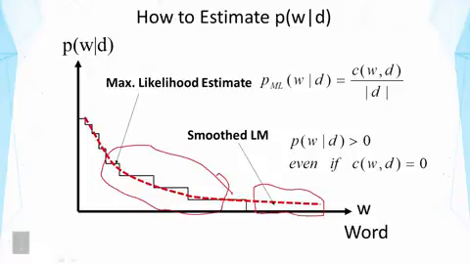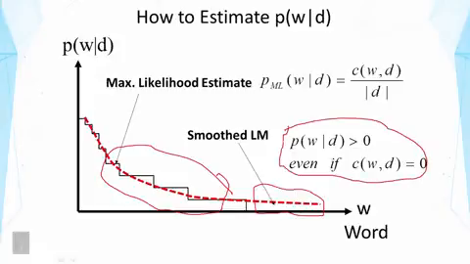Otherwise, they won't sum to 1. So all these probabilities must sum to 1. So to make this transformation and to improve the maximum likelihood estimator by assigning non-zero probabilities to words that are not observed in the data, we have to do smoothing.